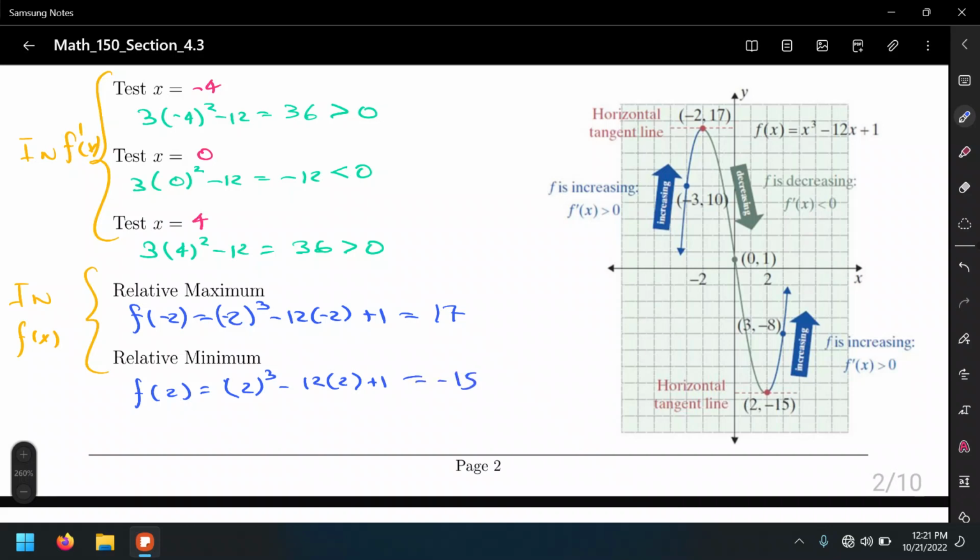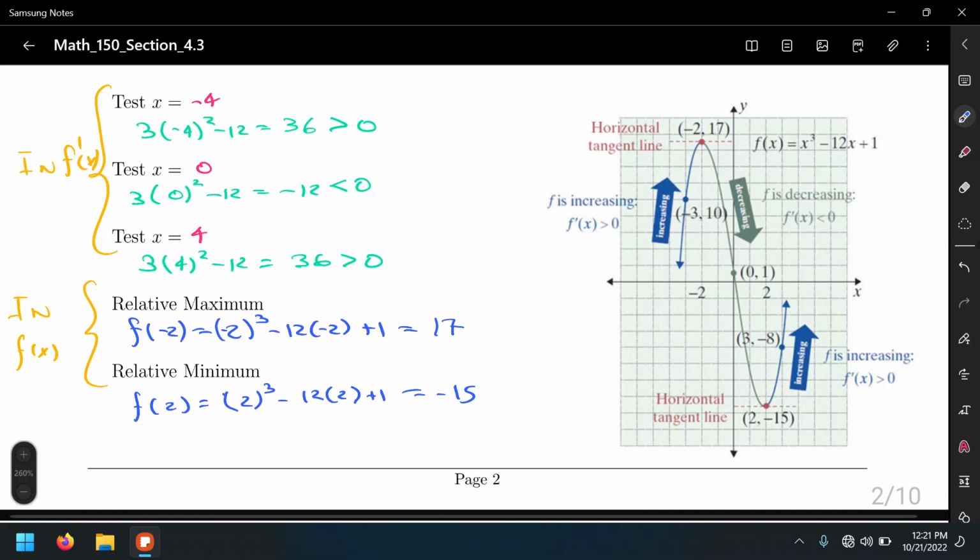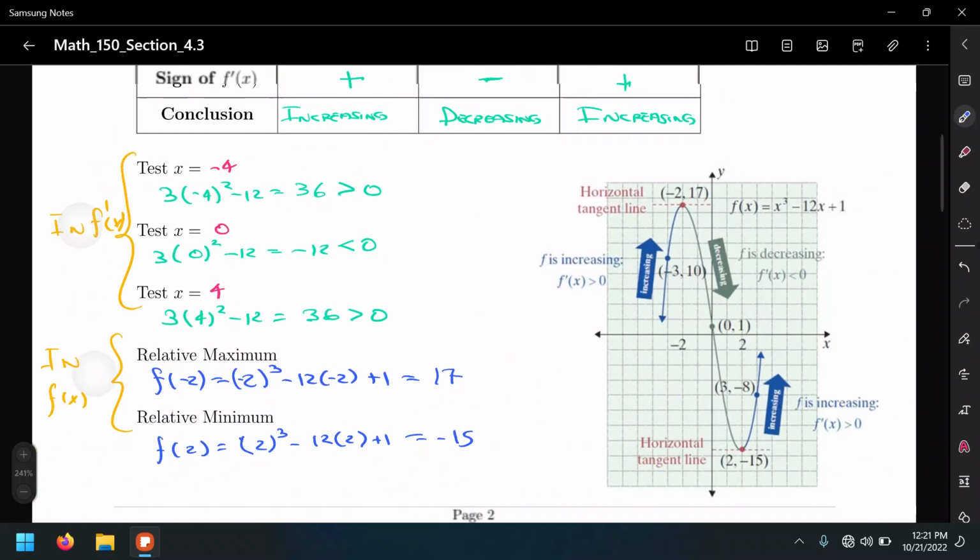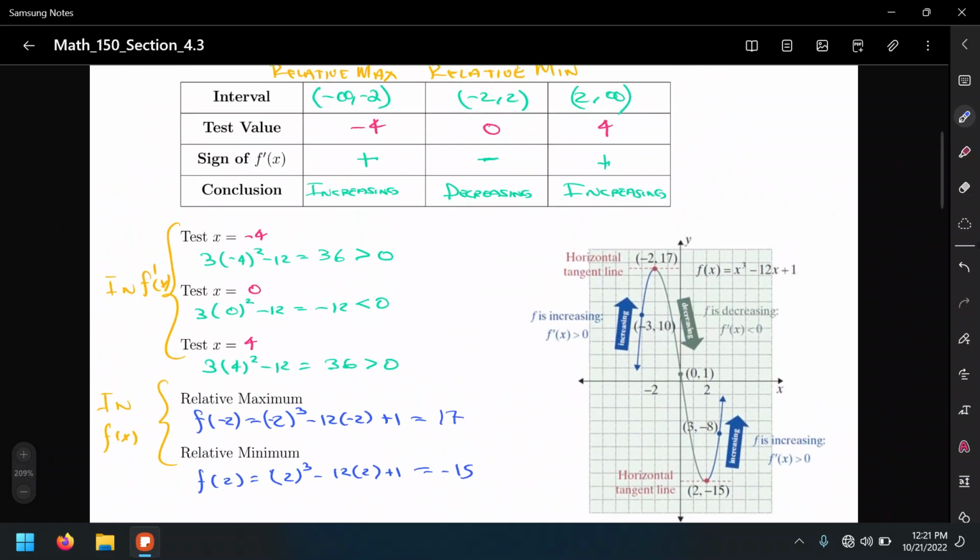Here I have the graph of the function that we just analyzed, and it's showing all the information. See how it is increasing from negative infinity to negative 2, as in the chart above. Let me zoom it out. The arrows mean it goes all the way to negative infinity in both directions, the x direction and the y direction.